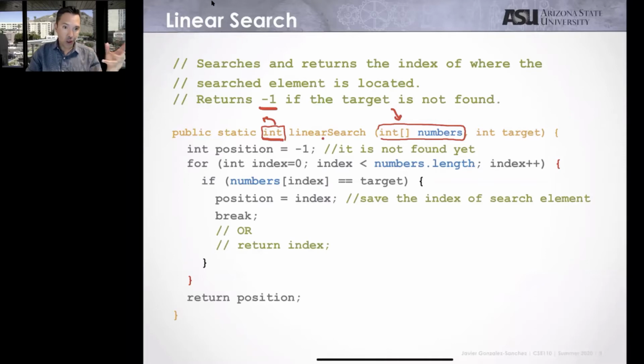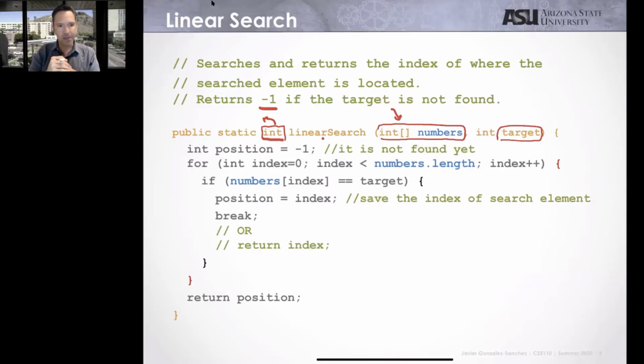I need also that something. It's a method. I send the array and also send the information that I am looking for. In this case, a number. So here, this is my array.